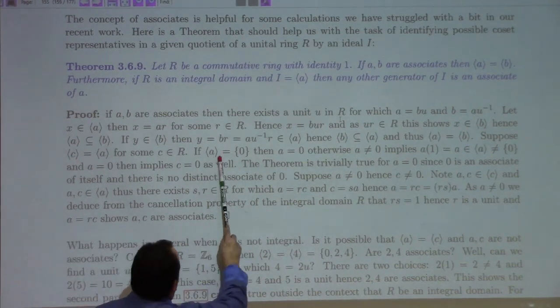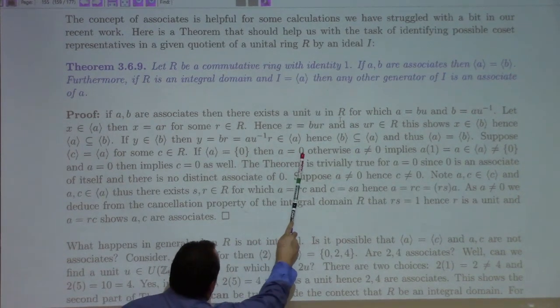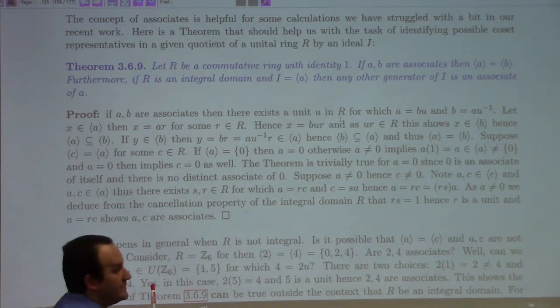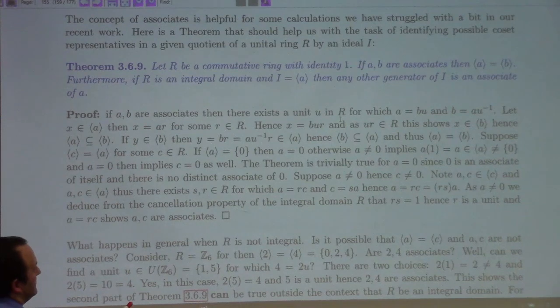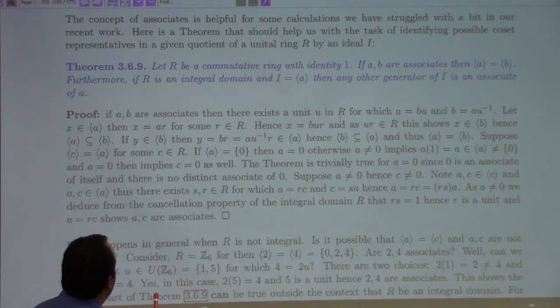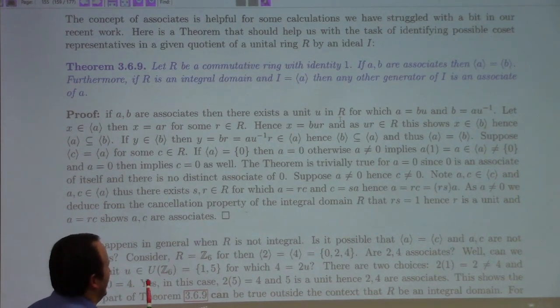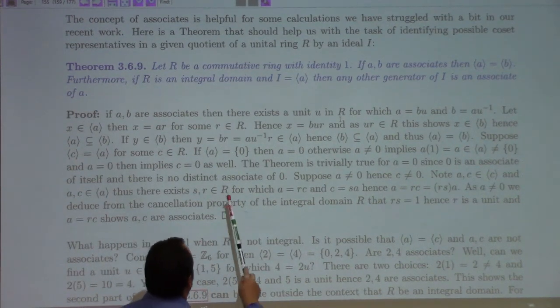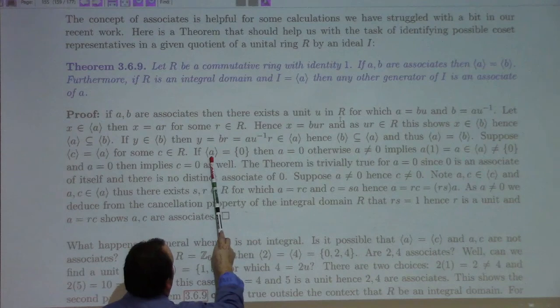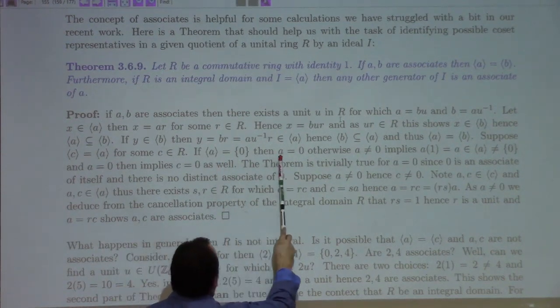So if A is just the zero ideal, then A is equal to 0, right? And I think what I really want there is to say what? I think I want to say that C is equal to 0 here. I guess not. I'm sorry. I'm majoring in the minors here. I'm explaining to you why, if this is equal to 0, it must be that A is equal to 0.